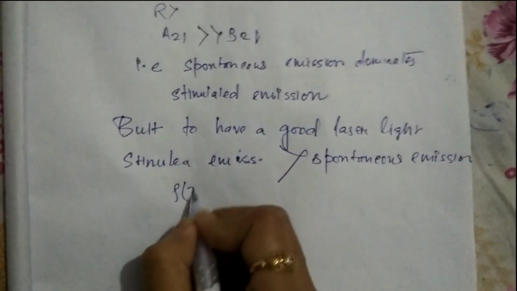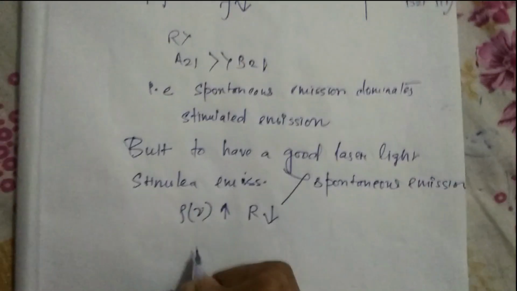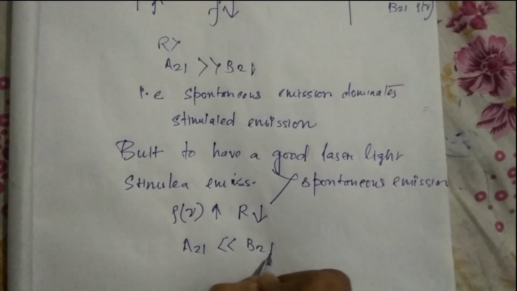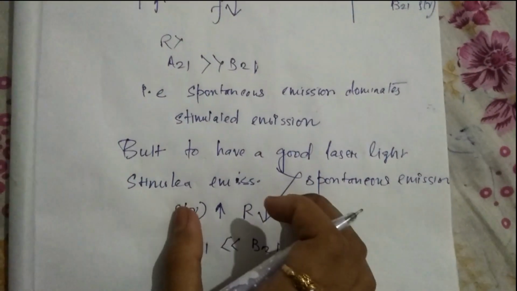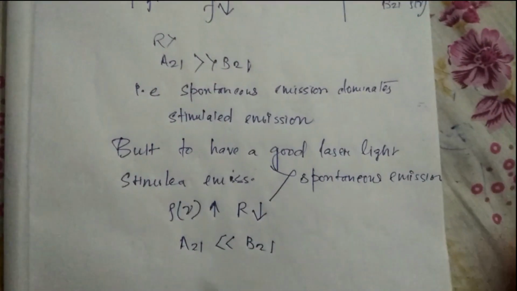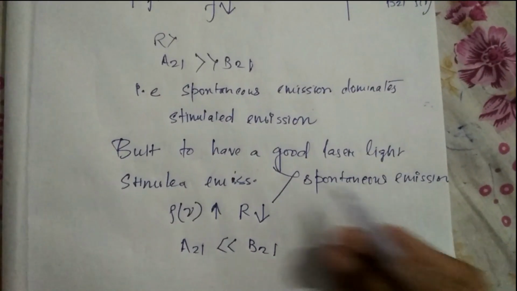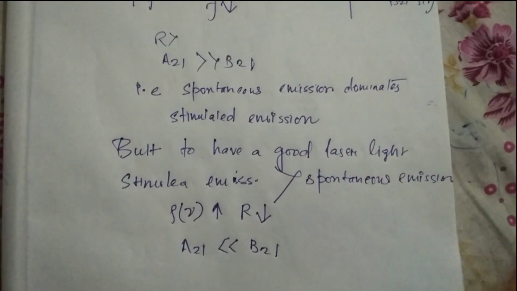If rho nu is high, then R will be less. If R is less, then A21 will be less than B21, which gives us the necessary condition. It means the spontaneous emission is less than the stimulated emission; stimulated emission is greater than the spontaneous emission.